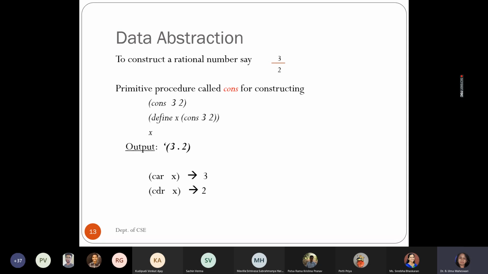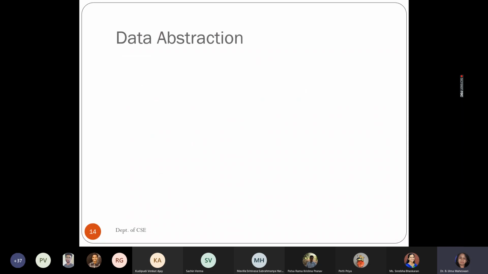I want to construct a small package meant only for rational numbers. So what should I do? I just start with cons and then define a variable. Whenever I want the numerator, I will apply the selector. Car and cdr are called selectors, and cons is a constructor. By using the selector, I can select the numerator part and the denominator part.